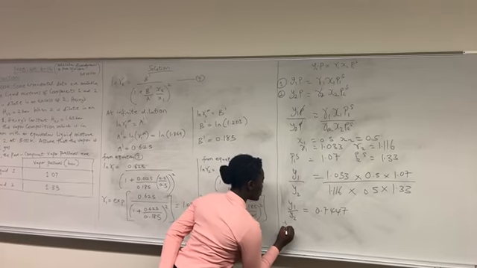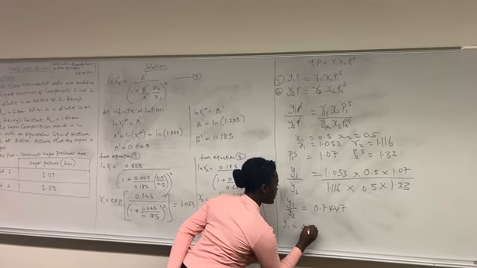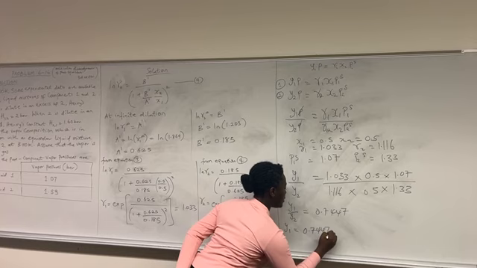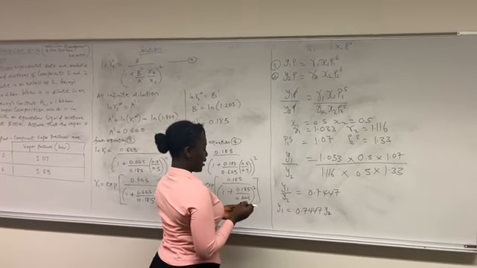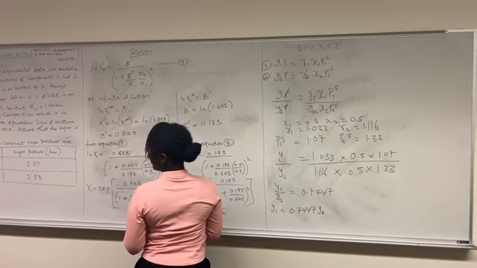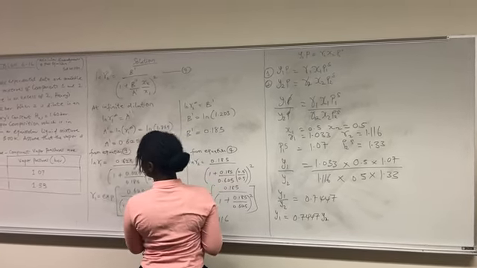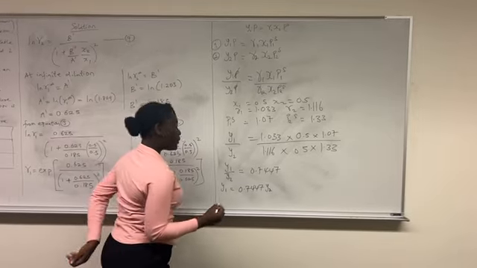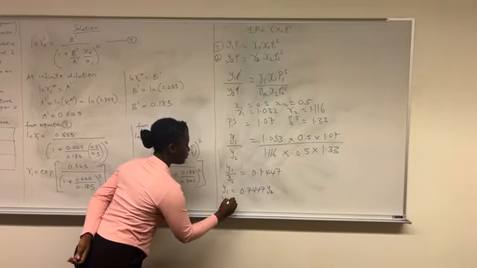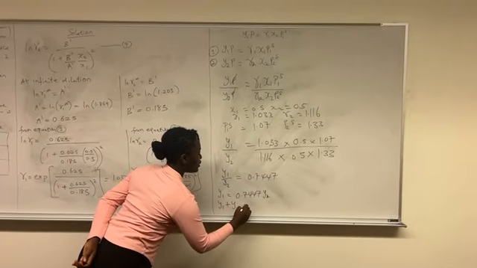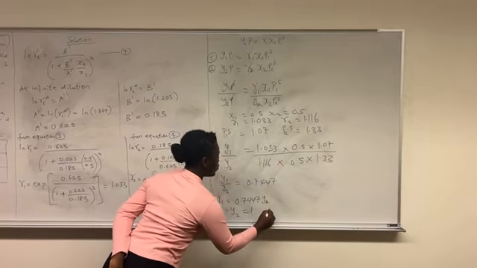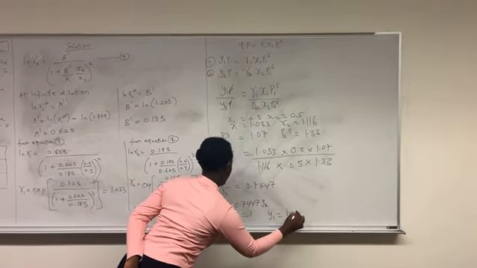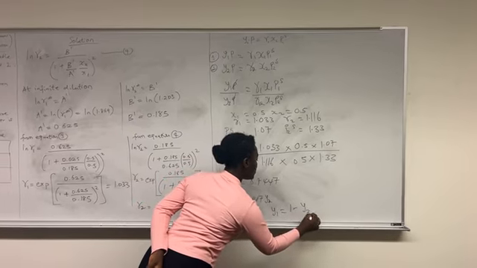From this, we can get y1 to be equal to 0.7447 of y2. And from there, we know that we are talking about an equimolar mixture, liquid. But we know that y1 plus y2 is equal to 1, making y1 equal 1 minus y2.